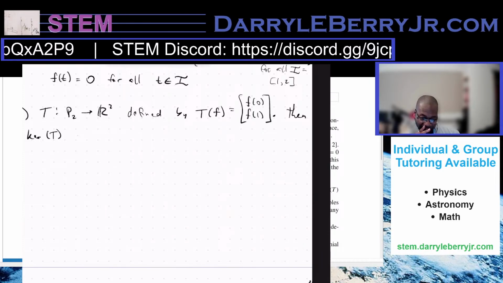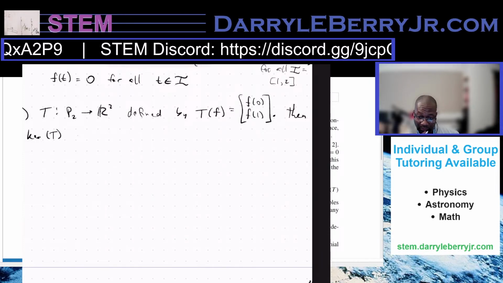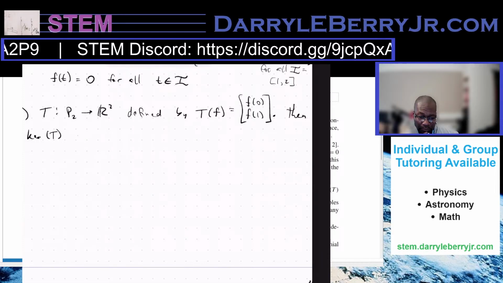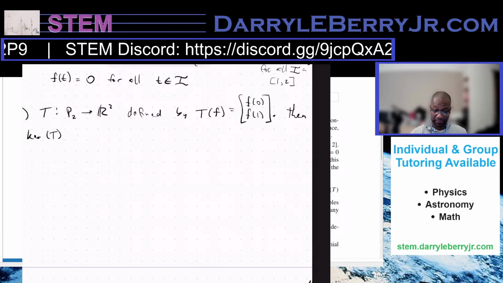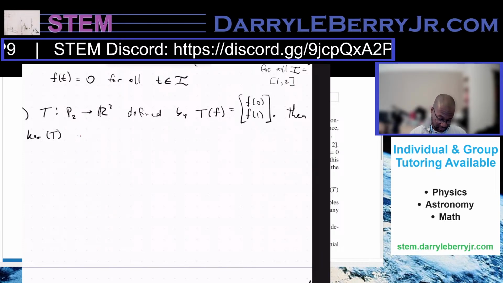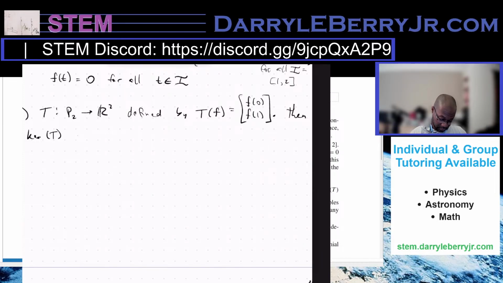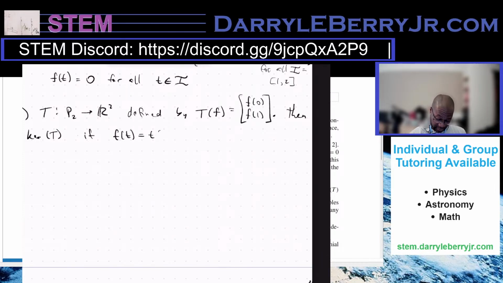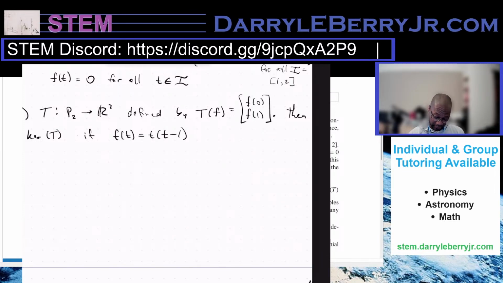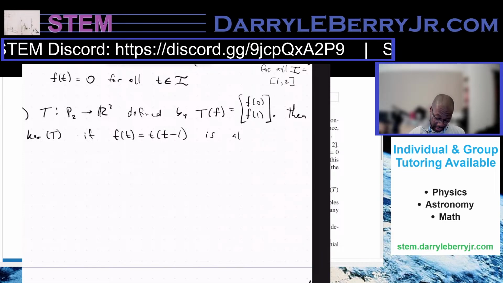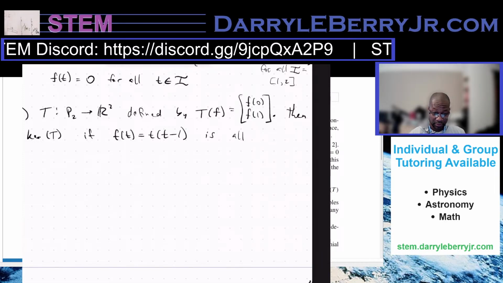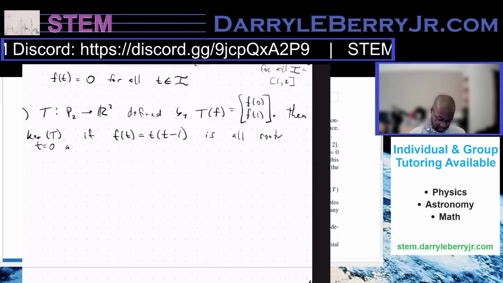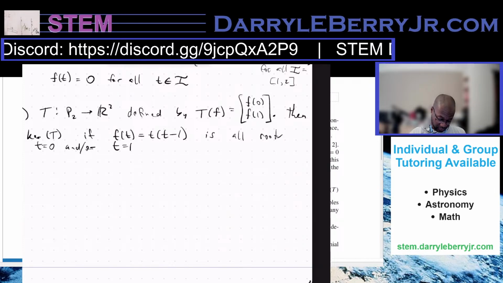So I don't see how it can have a root of 1 and equal 0. Oh, I see. So they're saying the kernel of T, if f(t) equals t(t minus 1), is all roots t equals 0 and t equals 1.